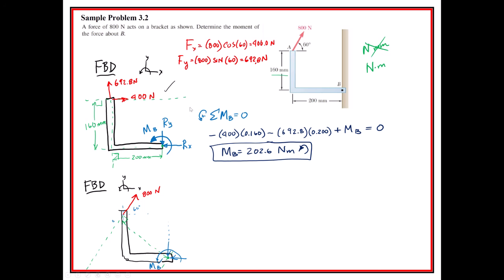So be sure to look at the sample problem. Make sure that you realize, I wrote down here, that this distance, this D right here, is not the distance between here and here, right? Because this is not perpendicular to the force, right? It's actually a distance like this right here. That's the actual distance because of this thing, right?